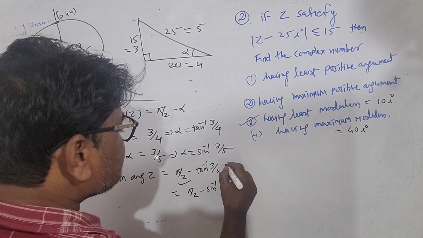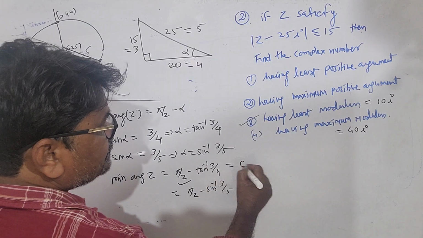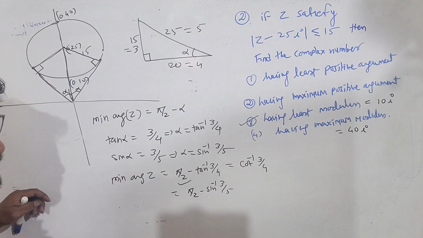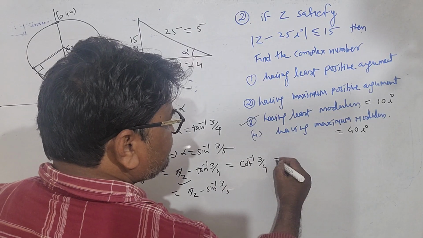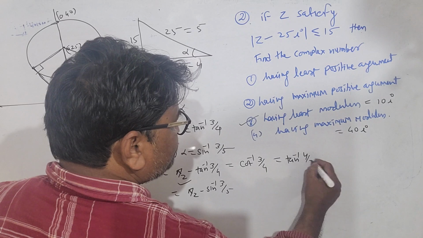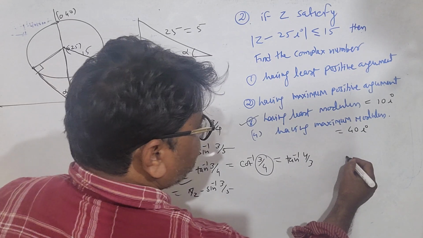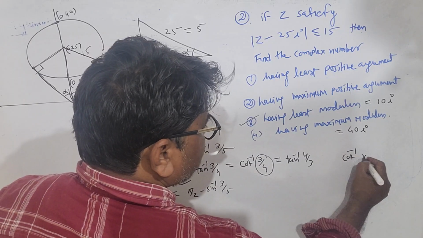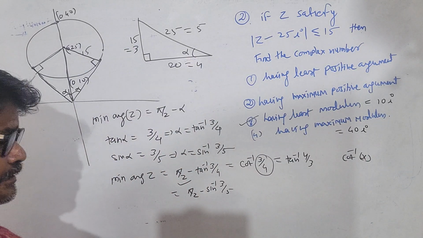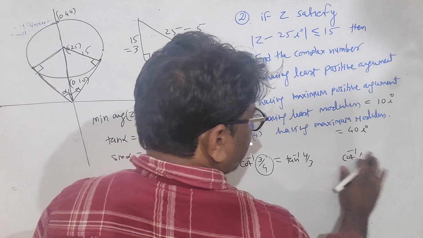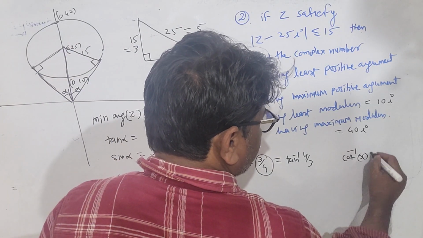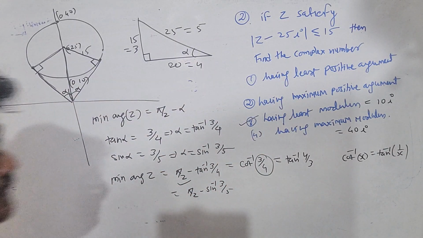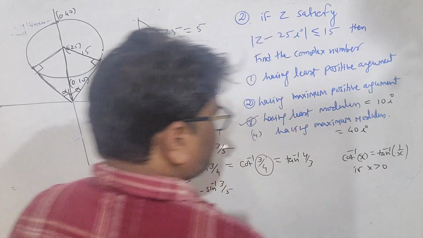And now pi by 2 minus tan inverse 3 by 4 can be written as cot inverse of 3 by 4. By using the inverse trigonometric concept, cot inverse of x is equal to tan inverse of 1 upon x, when x is greater than 0, correct?